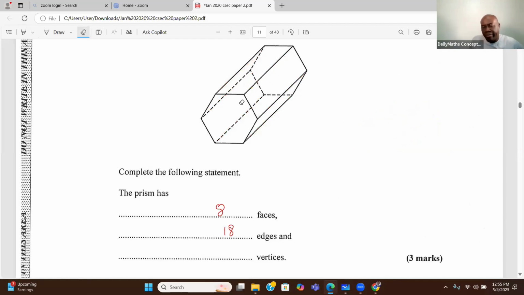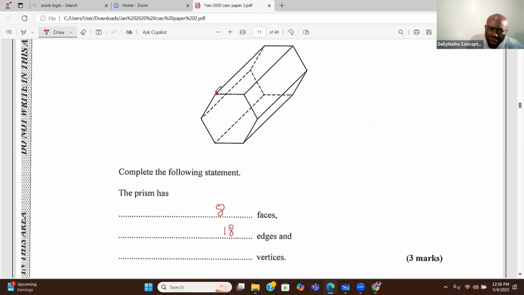And then vertices will be the corner spots, like 1, 2, 3, 4, 5, 6, 7, 8, 9, 10, 11, 12. 12 vertices, and you're done.